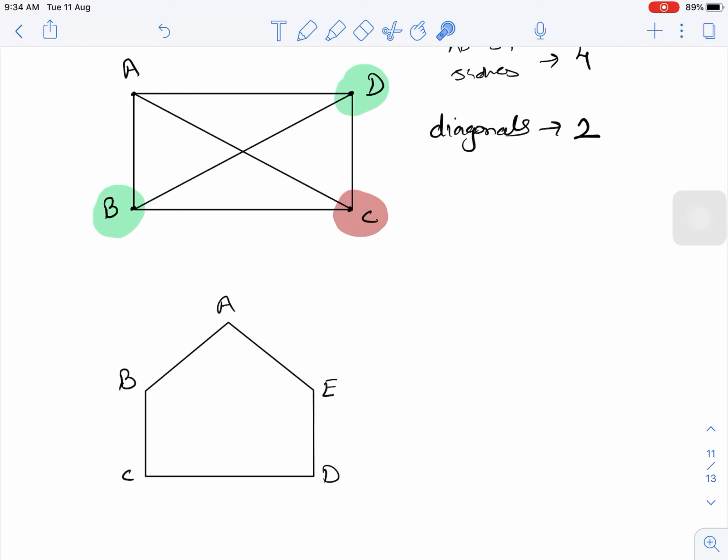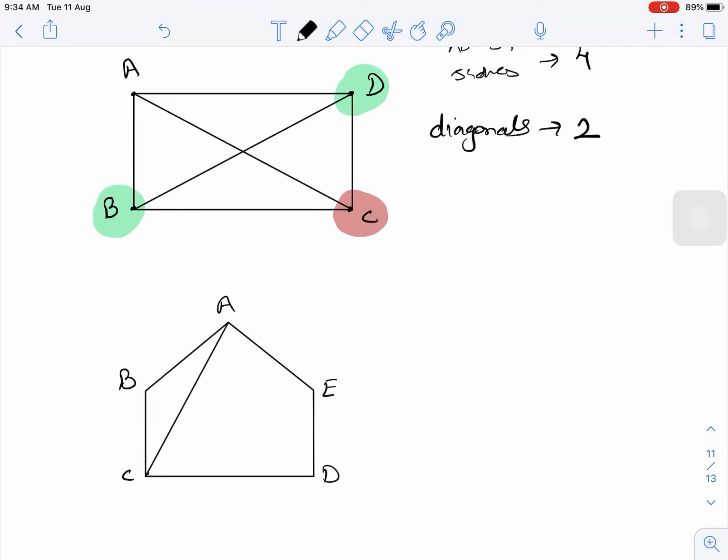Now consider vertex A. What are the adjacent or neighboring vertices? B and E. Other than B and E, the remaining vertices, C and D, are opposite vertices. We can join these opposite vertices and form diagonals.